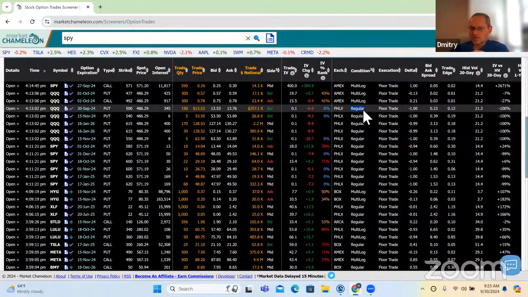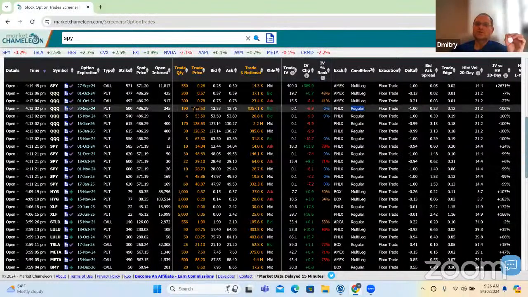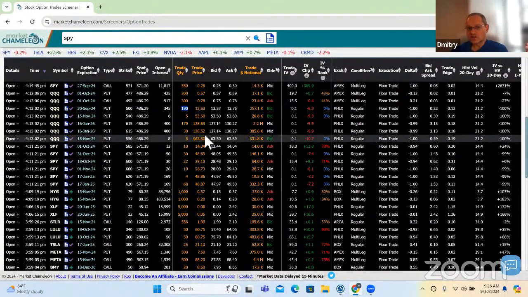In this instance, it wasn't designated multi-leg, so to execute this trade the way it was entered, it didn't require a simultaneous execution on a different option at the same time. Multi-leg would have said there's another leg to it.